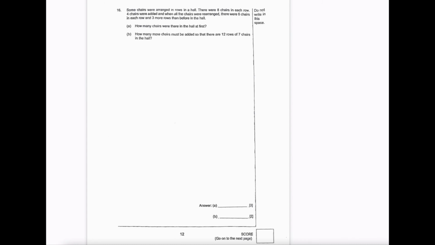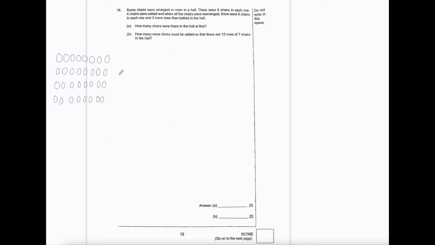There were 8 chairs in each row. So I'm going to draw 8 chairs in each row. Okay, I don't know how many rows there are, so I'm just going to draw about 4 rows here.